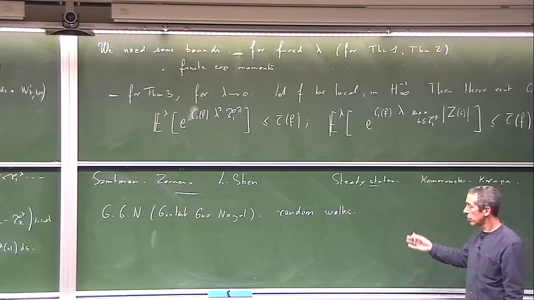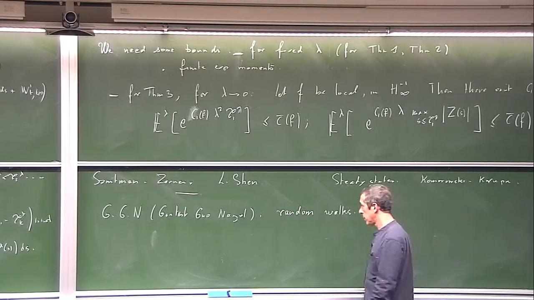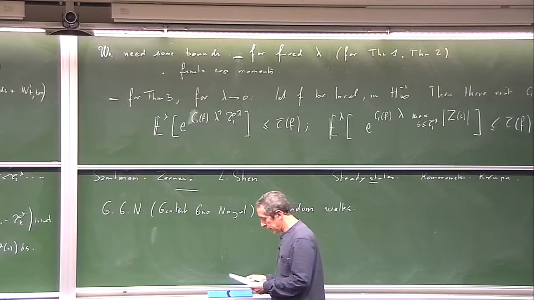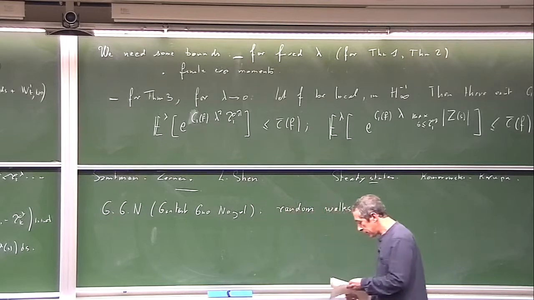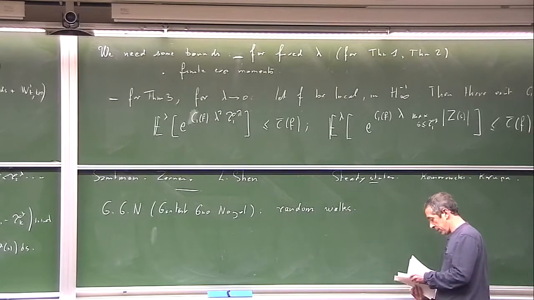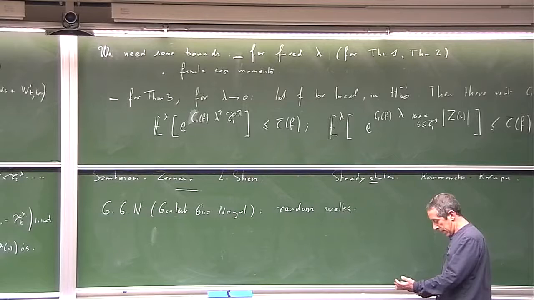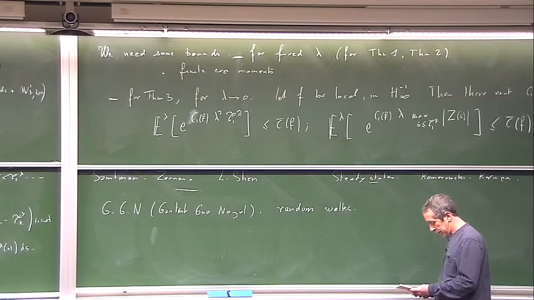So the two approaches have many things in common, but as far as FDT is concerned, there is a subtle difference in the statement. So let me give you the statement from Gantert, Guo, and Nagel, maybe.